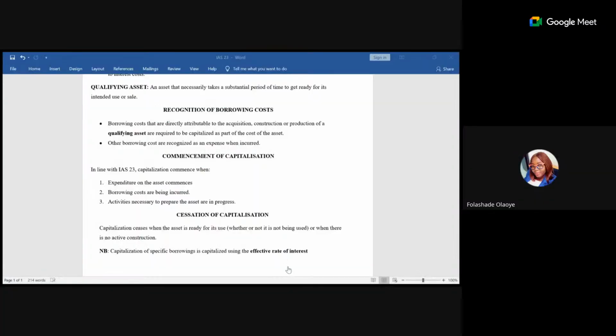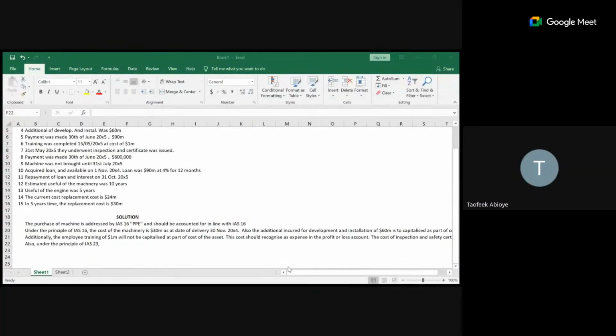Mr. Taufik, yes, sir. This substantial period, it's kind of subjective. Exactly. It depends. In fact, if any of you witnessed when I took IAS 23 in skill level, it is in skill level full time and is more detailed.